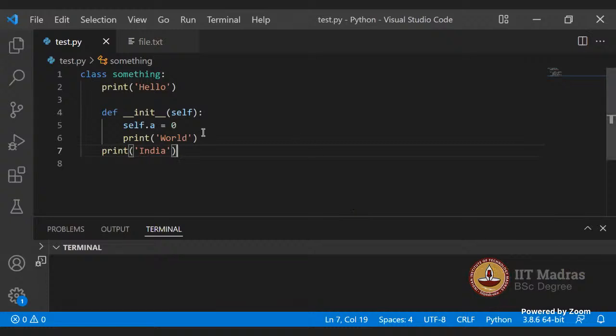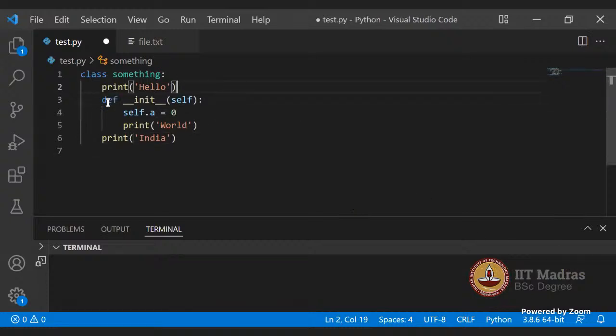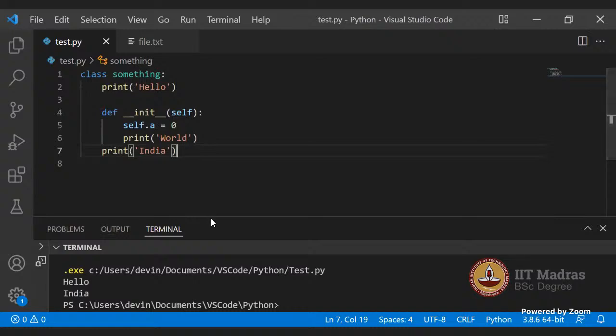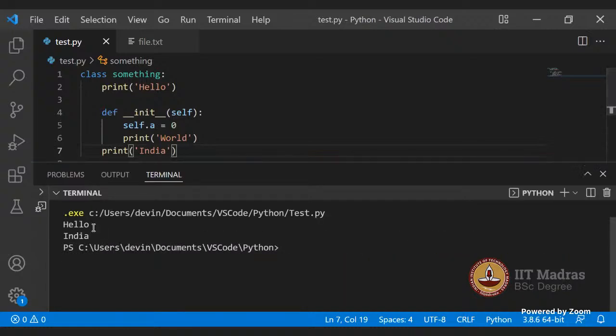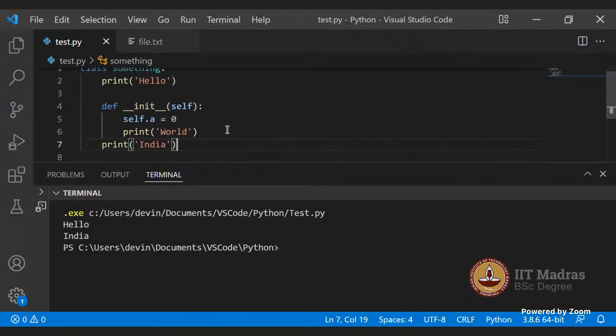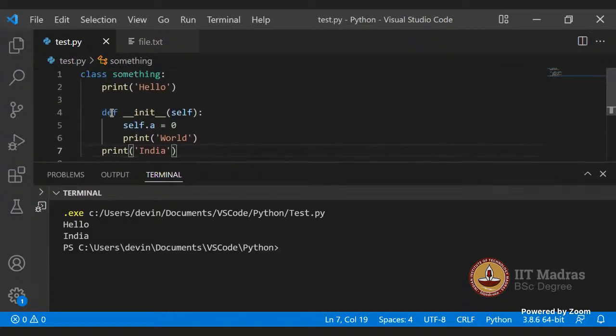I'm not even defining an object. So all I'm doing is I define a class. Let me run this code. You could see here it has printed hello India. I did not even define an object. I just defined the class.